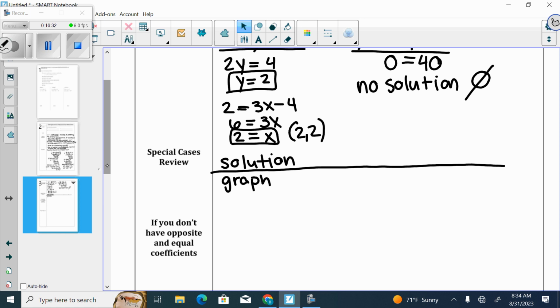Let's say that whenever you solve, you get a coordinate point answer, some x and y value. What would that look like if you were graphing those two equations? What would you see? Two lines that do what? Intersect, right? So the graph here would be two intersecting lines.